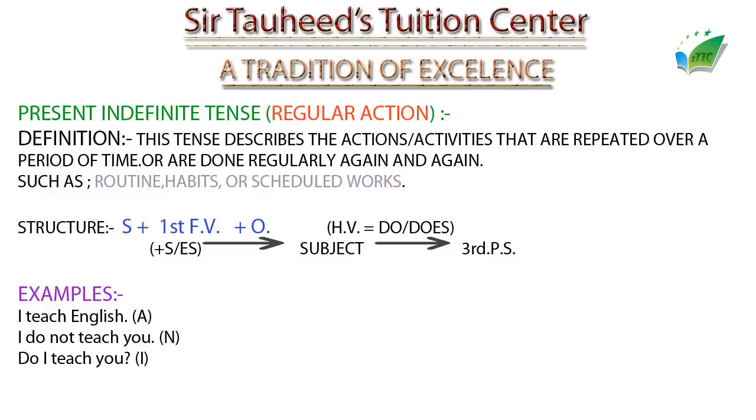There is one characteristic you have to understand, that is you have to put s or es in the first form of verb when you see the subject is third person singular. Again, I'm telling you, you have to add s or es in the first form of verb when the subject is third person singular.